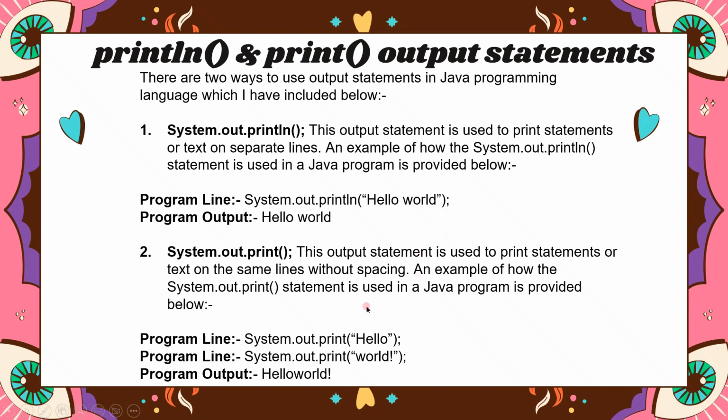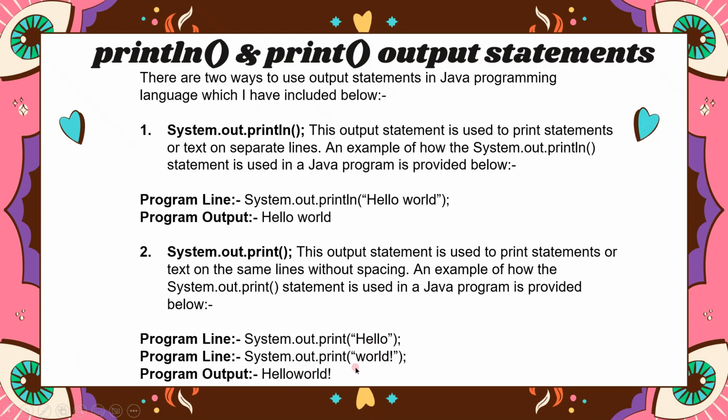So, for example, if I had a System.out.print with the absence of the ln and I put hello in quotation marks and I went down to the next line in my Java program, I hit enter and wrote System.out.print again and I put another word, in this case I wrote world, then if I run this program, how would it be displayed? It will display both hello and world in one line, but without spacing.